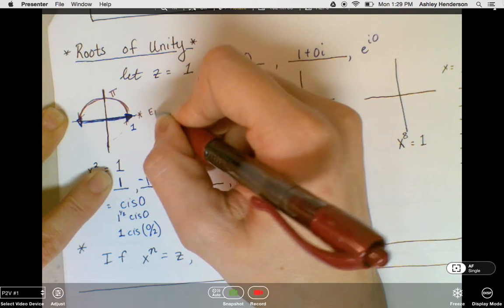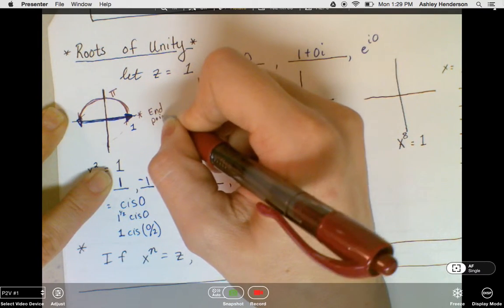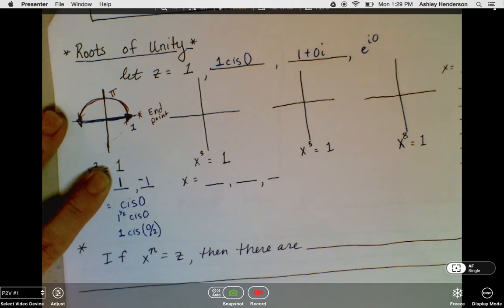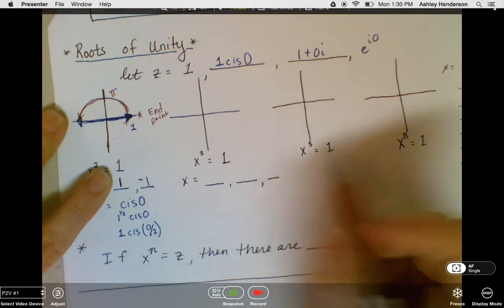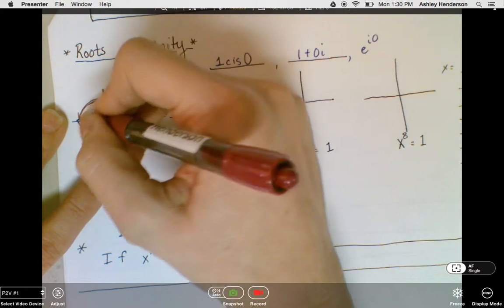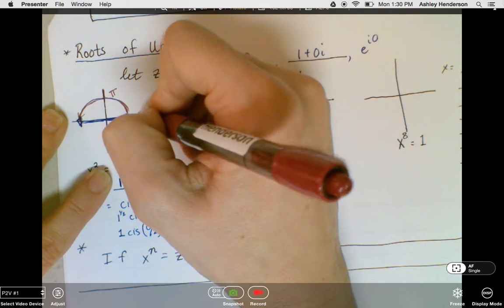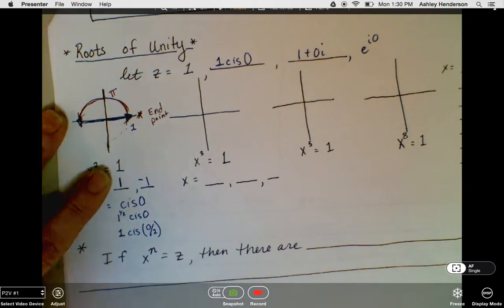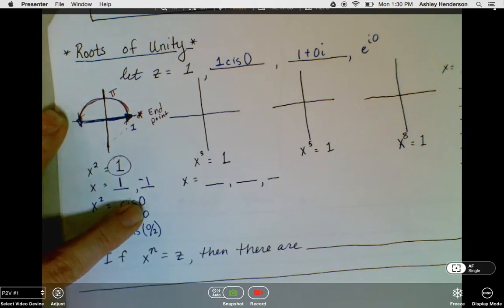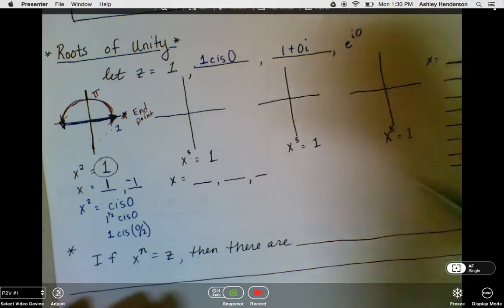So each one of our complex numbers, when squared or cubed or taken to the 5th or whatever the case may be, which is when I do that many rotations of it, ends where we need it to end. And where do we need it to end? At 1.